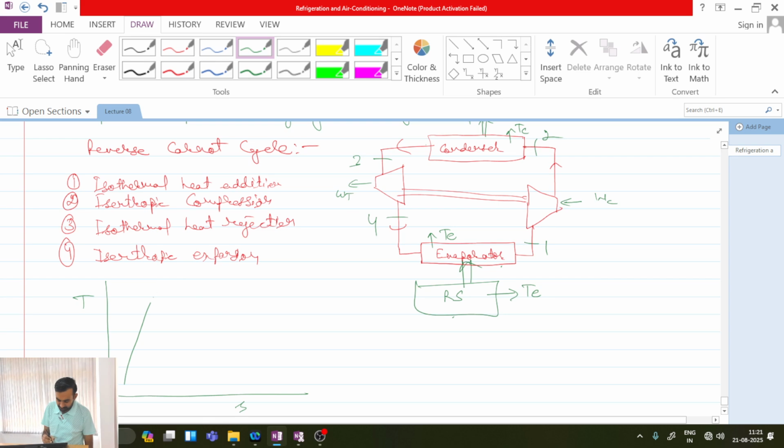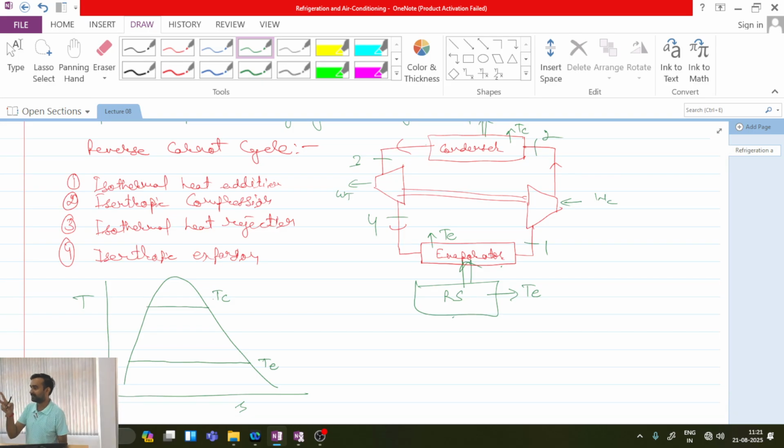Okay. So first I will be drawing the liquid vapor dome. Now within the liquid vapor dome, these are my two temperature limits, TE and TC. I have to now draw the cycle in such a way so that I am having isothermal heat addition and heat rejection and isentropic expansion and compression. So any process along these lines will be isothermal and any process parallel to vertical will be isentropic.